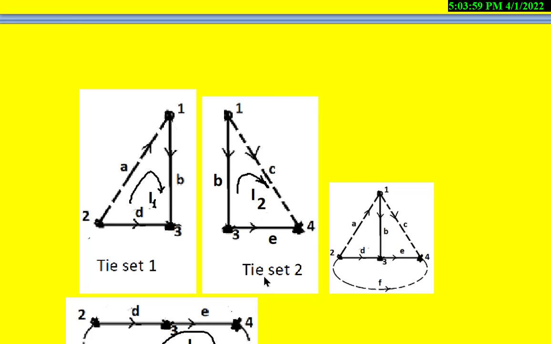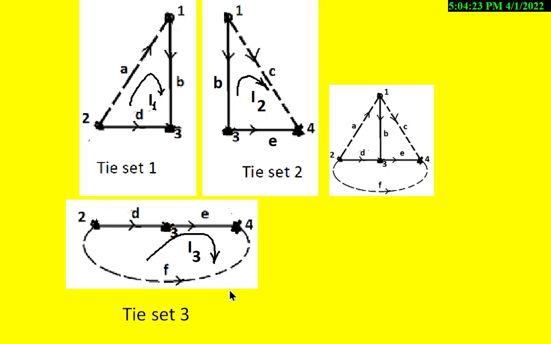Similarly, Tieset 2 is the loop formed by nodes 4, 3, 1, 4, and the elements are B, C, E, and the assumed current direction for the loop is I2 in the clockwise direction.